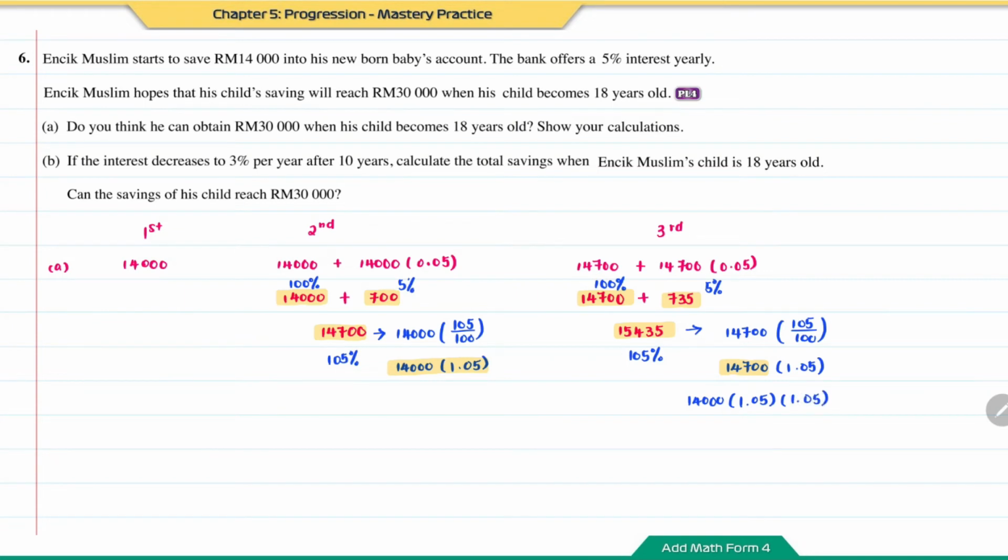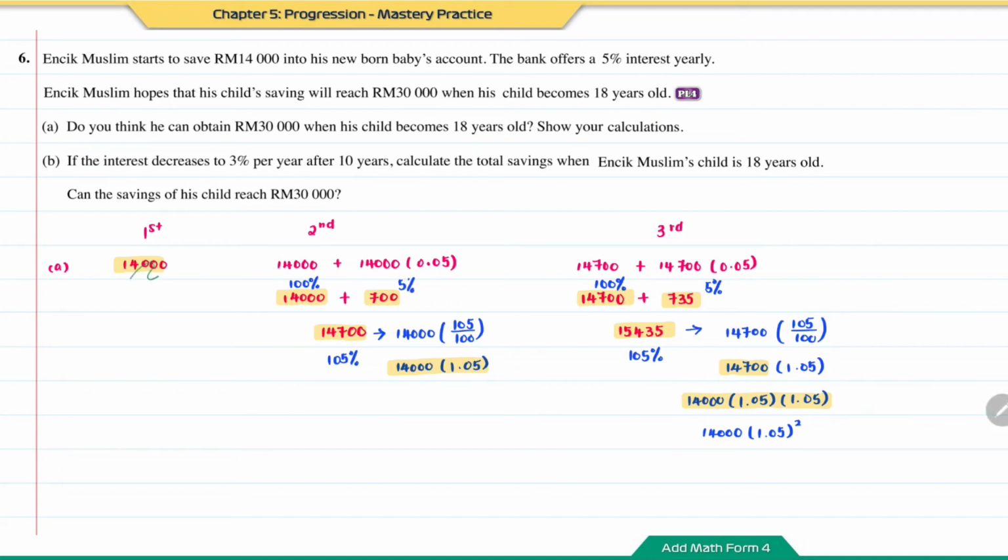So now, if you look here, it has started to create a pattern. 14,000 times 1.05, 14,000 times 1.05 times 1.05, which is the same as 14,000 times 1.05 to the power of 2. Now, as you multiply the previous number with 1.05, this is going to create a geometric progression.